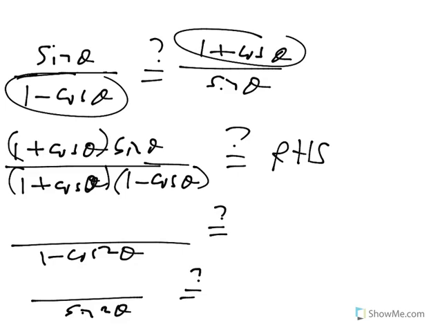The numerator becomes, actually I'm not going to distribute through, I'm going to leave it 1 plus cosine theta.